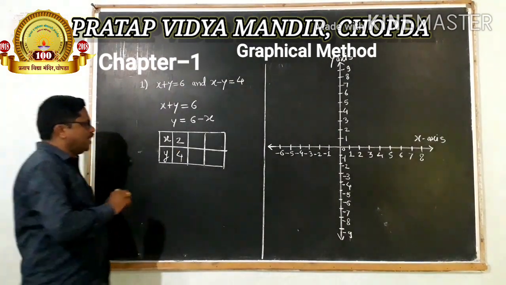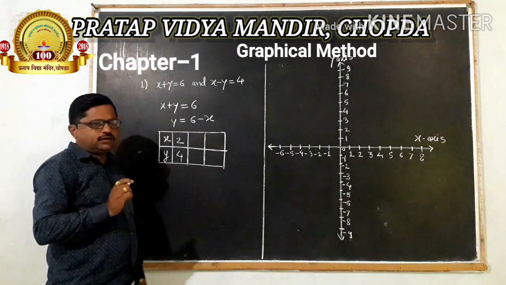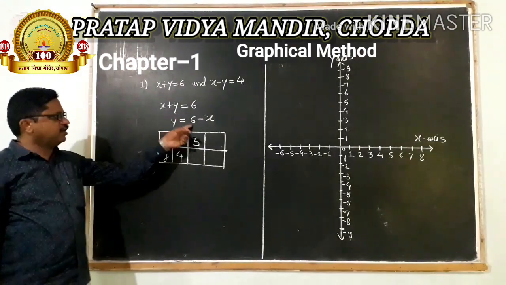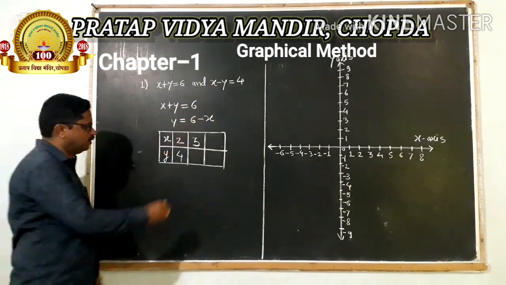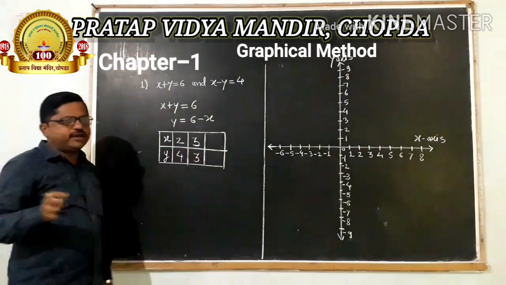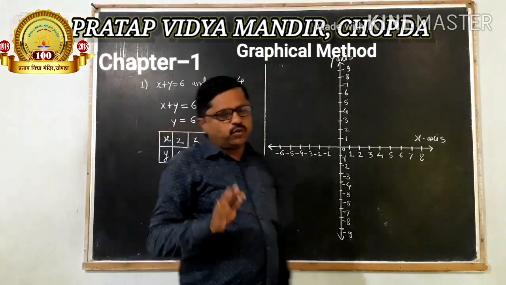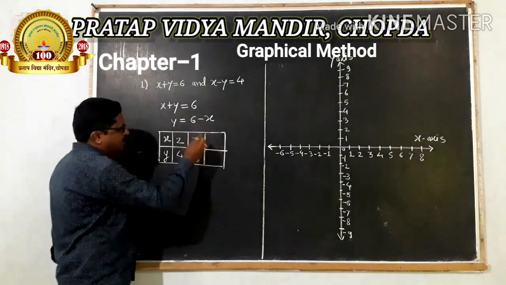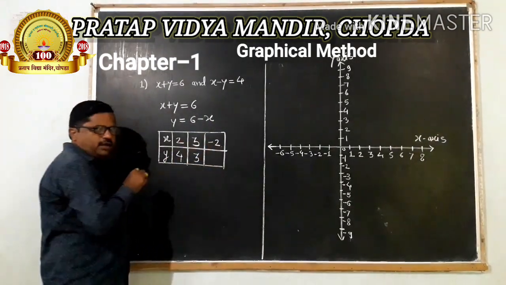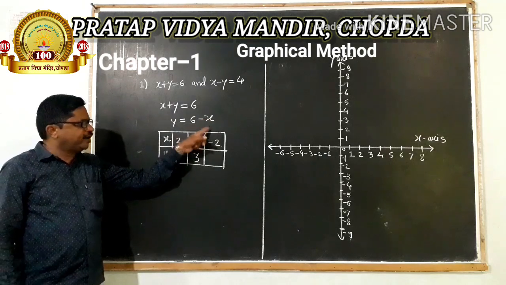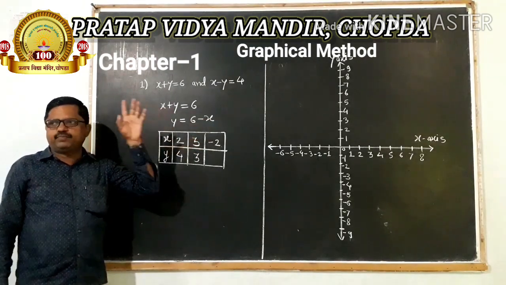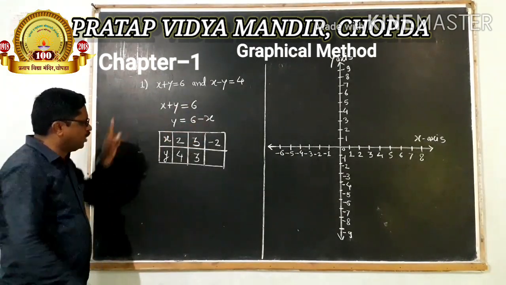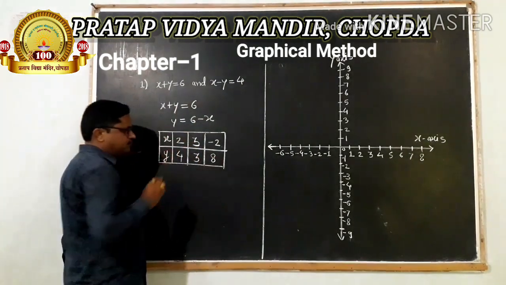Take another value of x as 3. If the value of x is 3, then what is the value of y? 6 minus 3, and 6 minus 3 is 3. Take one negative value. You can take positive or negative values. Take x as minus 2. If x is minus 2, the minus sign with that 2 will become plus, and 6 plus 2, the value of y is 8.